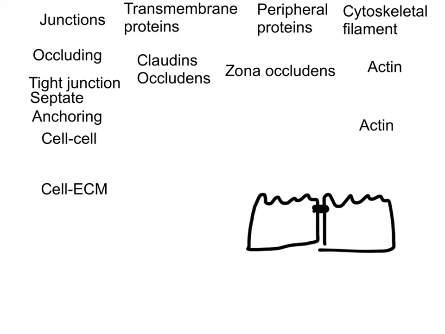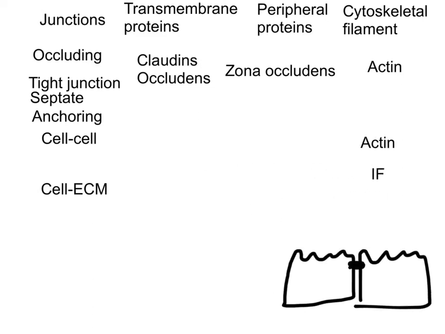So one is going to be actin, and one is going to be an intermediate filament. I'm just going to put IF. And the same is going to be true for the cell to extracellular matrix. One is going to link to actin, and one is going to link to an intermediate filament.